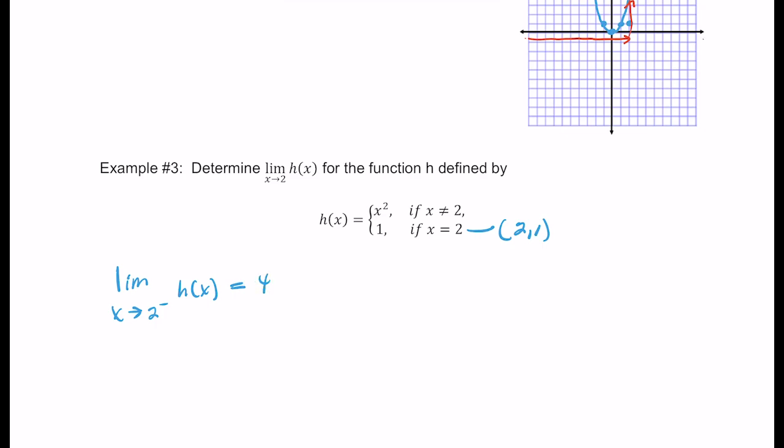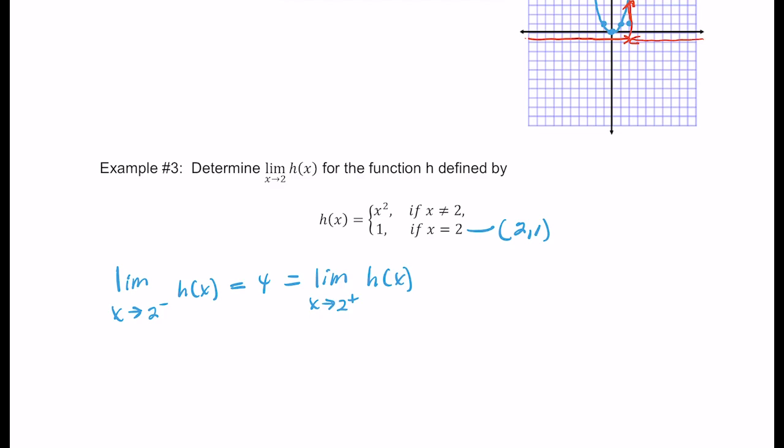And as I approach it from the right, it's the same thing. If I go up, I can see that it's equal to 4, right? As I approach 2. So it's also equal to the limit as x approaches 2 from the right. It's the same thing.